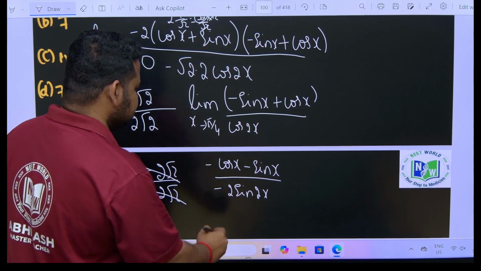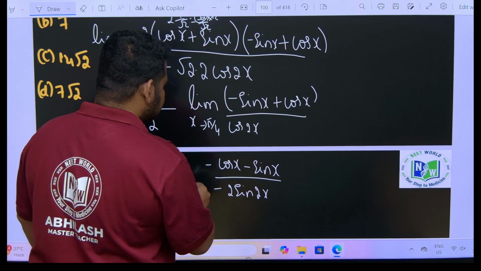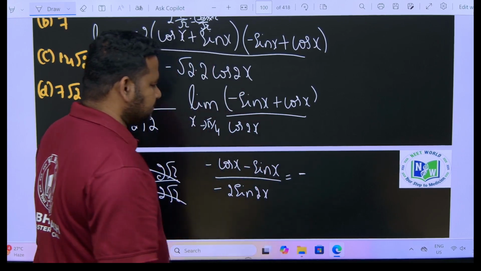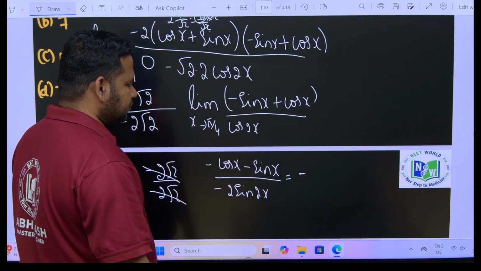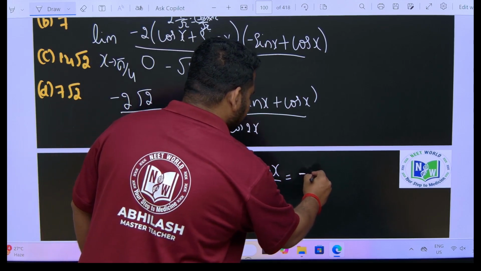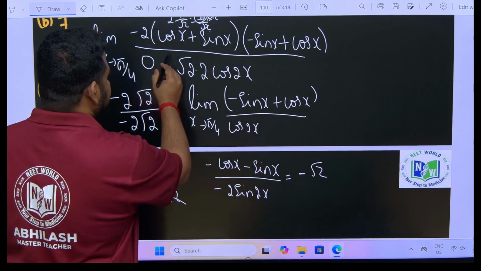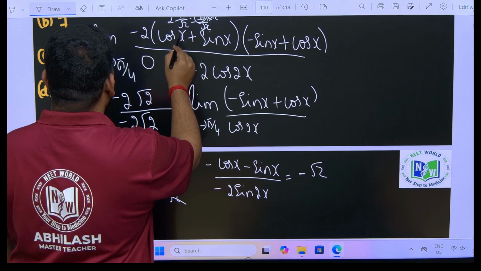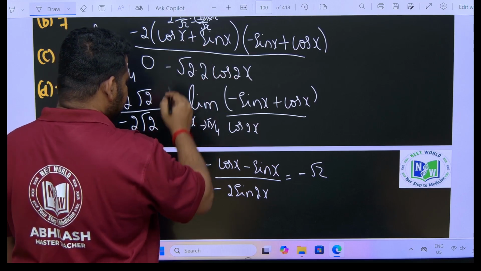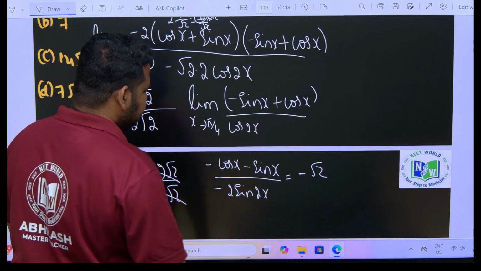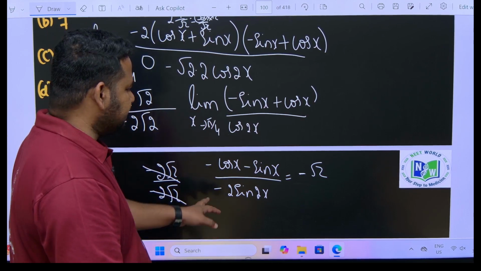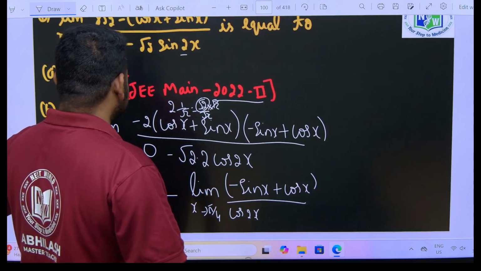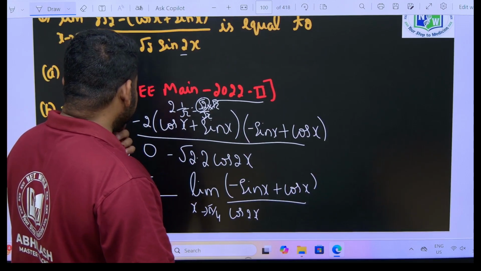If I apply x equal to pi by 4 here, I will take the minus outside, this will become cos x plus sin x at pi by 4, that is nothing but root 2. I have told you here why it will become like that. Now divided by minus 2 sin 2x. But actually we have missed something here.